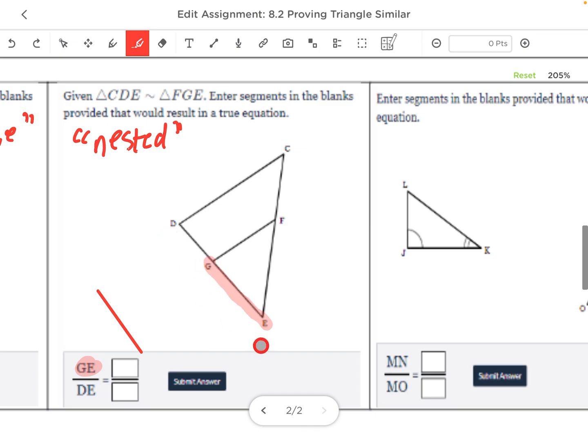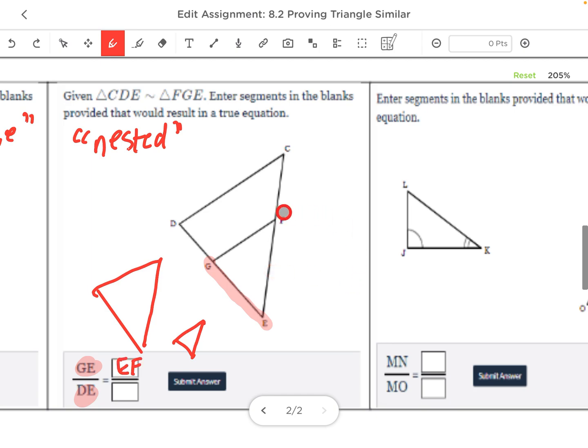So GE and DE. One thing is we have to recognize what they're doing here. So this is the small one, and this is the large one, right? If we have two different triangles here, we got a bigger version, and we have a smaller version. So this first one was the smaller version, and then this is the big one. So if that corresponds with that small one and the big one, then the small one over here would be EF, right?